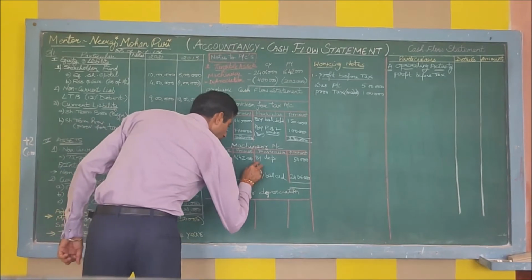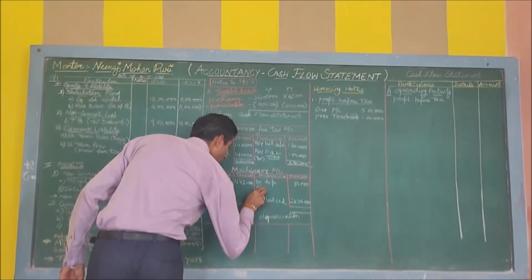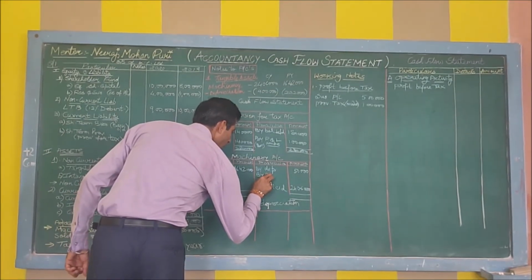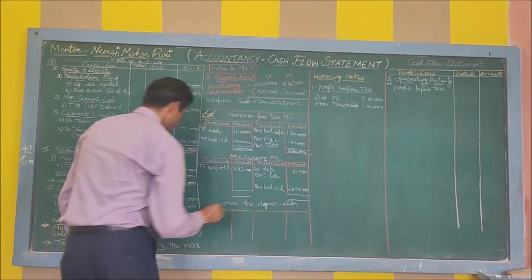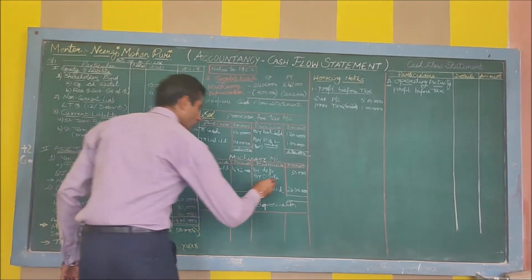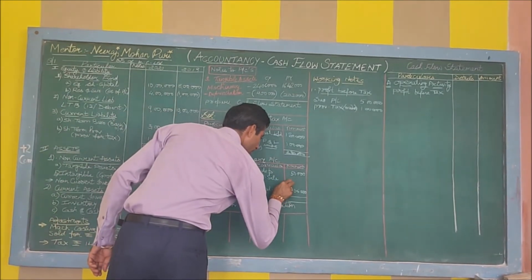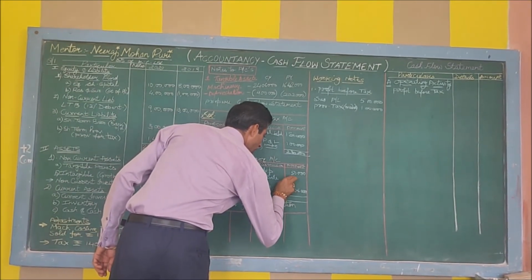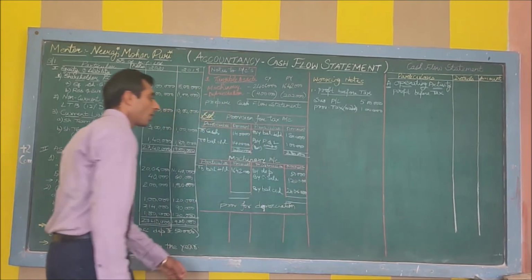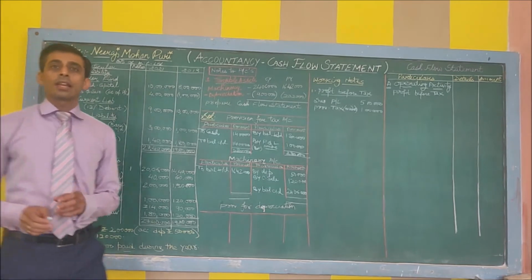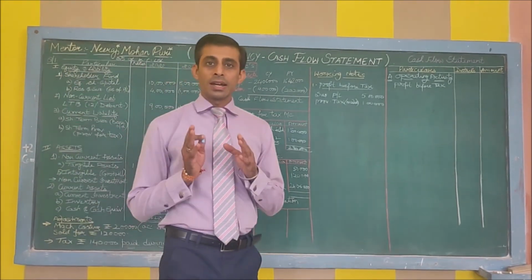When it is sold, cash sale will be written again on the credit side. Cash sale, this is 1,20,000. Remember, whenever an asset is sold, we will have to calculate the value of profit and loss.